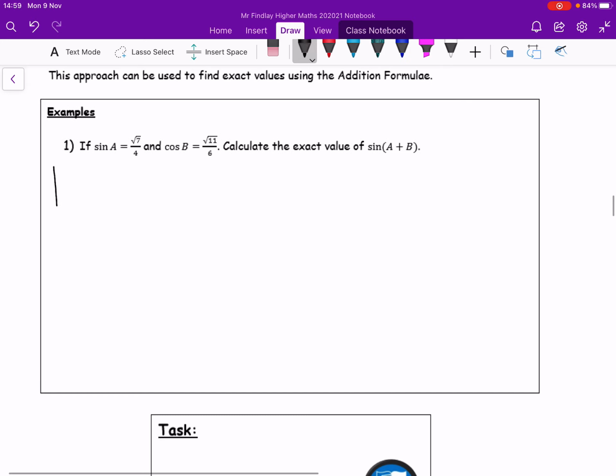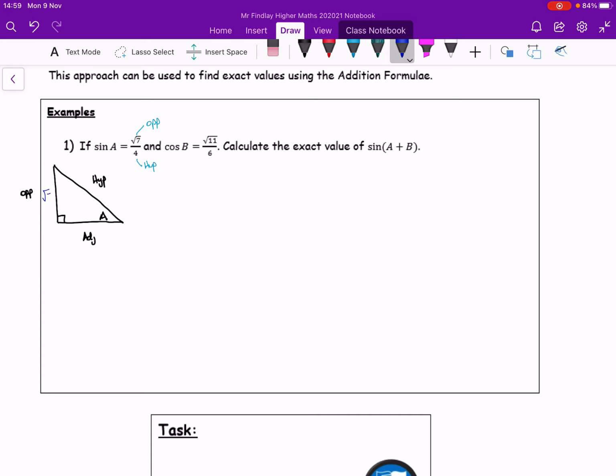and form a right angle triangle, we have our angle A, our trig says that's our opposite, that's our adjacent, and that's our hypotenuse. Sine is opposite over hypotenuse.